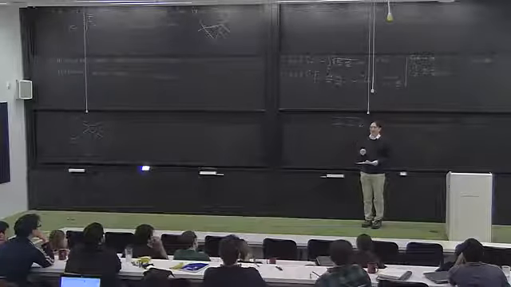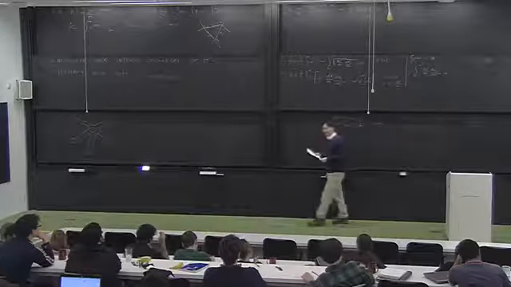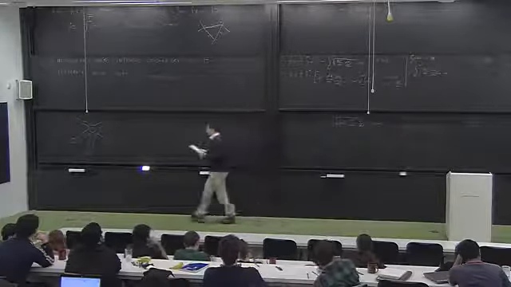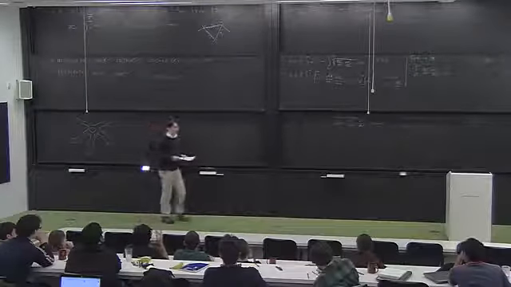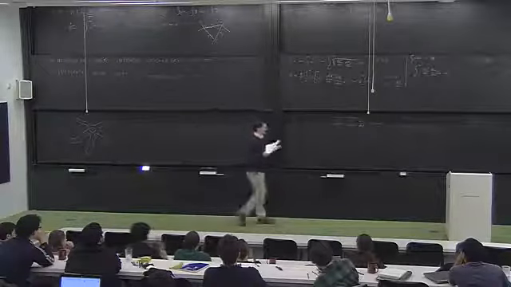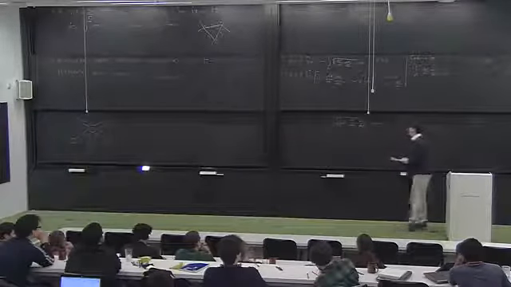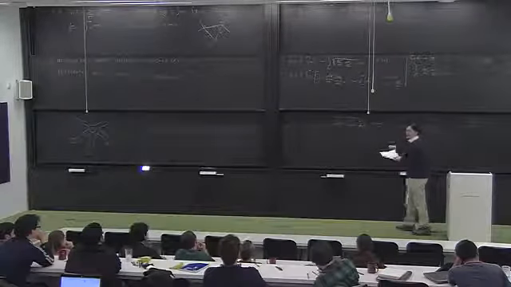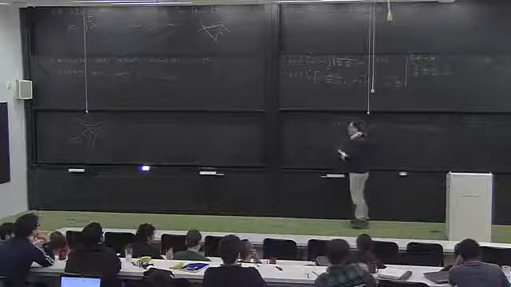There's something special about 2 dimensions, which we'll see momentarily. So unfortunately, we don't know how to do membrane theory, which is a pity because presumably that would give M-theory, perhaps. So I'll get in a moment to see what's special about this when I have only 2 of these coordinates.